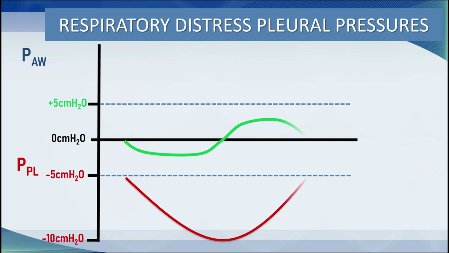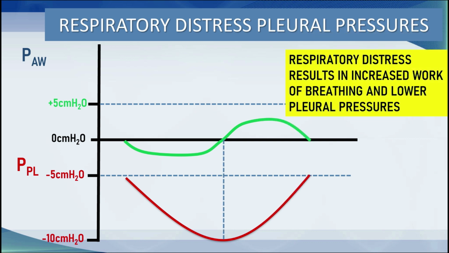In acute respiratory distress, the patient's work of breathing increases dramatically, and the patient may generate significantly greater magnitudes of negative pressure in the pleura to meet homeostatic needs. So in order for that patient to get the tidal volume that they need, they're taking huge respiratory efforts. This massively increases oxygen consumption alongside the work of breathing.